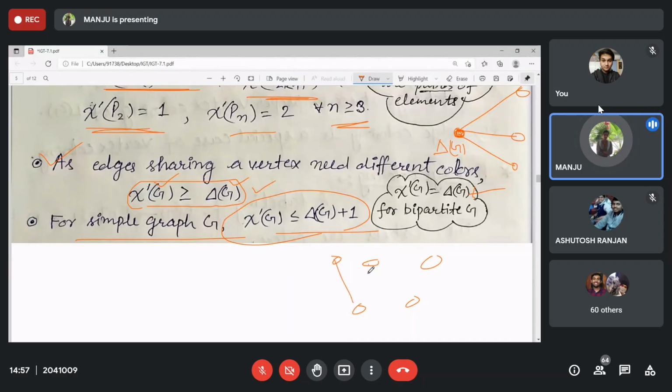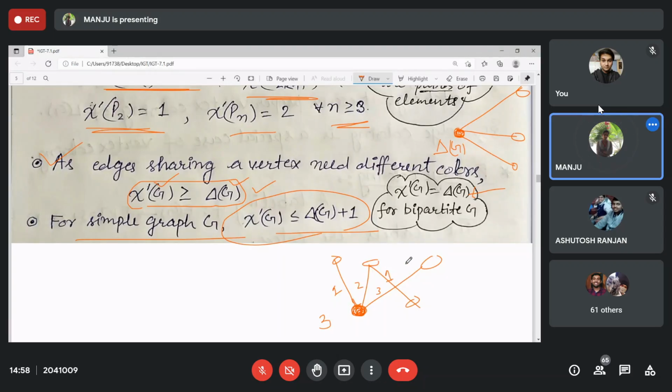You have this bipartite graph, right? What is the maximum degree? 3. Maximum degree 3, so you need first color, second color, third color to color the edges coming out of this maximum degree vertex, right? Then the rest you can color by 1 or 3.